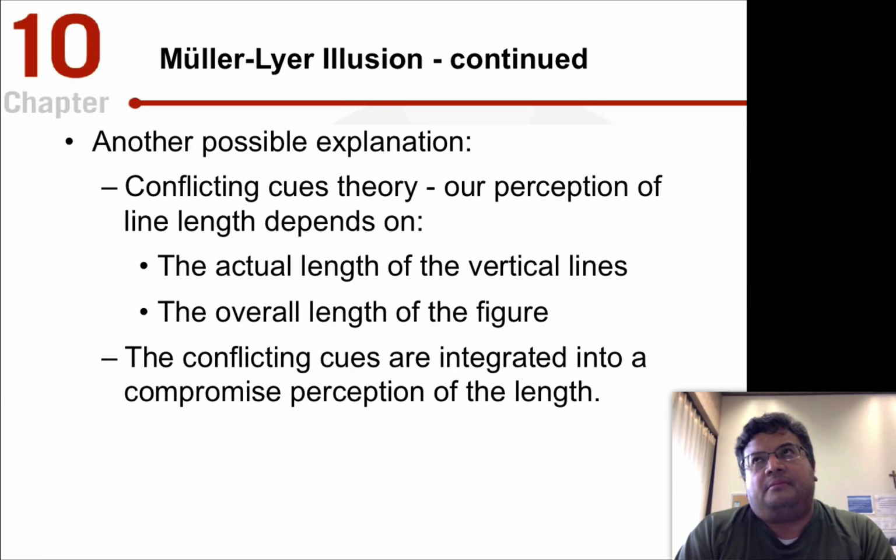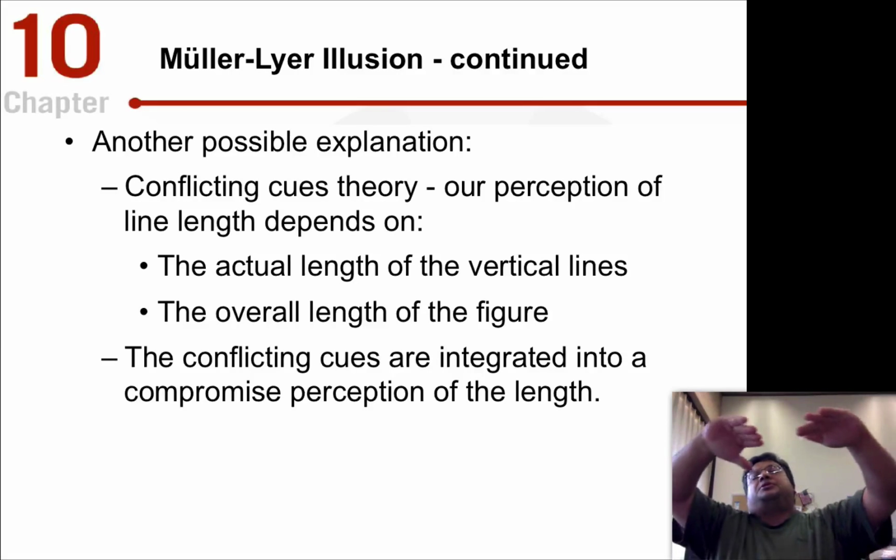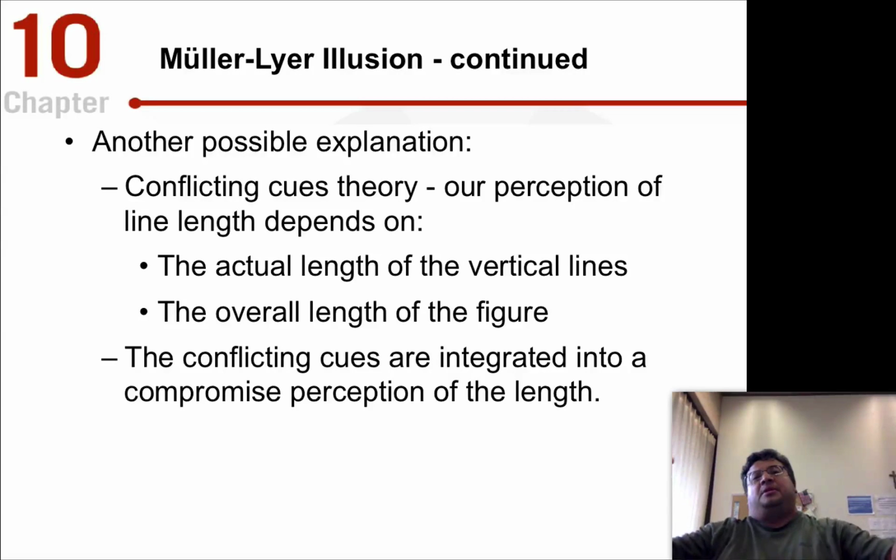So given all of this, what's another explanation? Well, one of the explanations for the Mueller-Lyer illusion is the conflicting cues theory, that our perception of line length depends on the actual lengths of the vertical lines and the overall length of the figure. So we are actually looking at the lengths of the lines, but we're also taking into account the entire size of the object or figure that we're looking at.